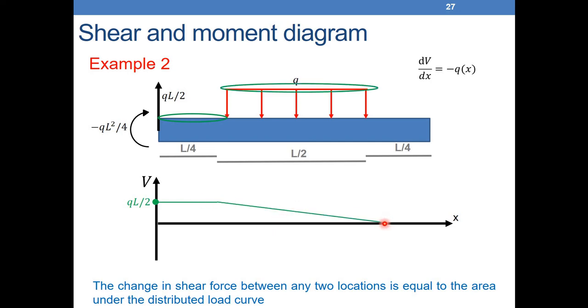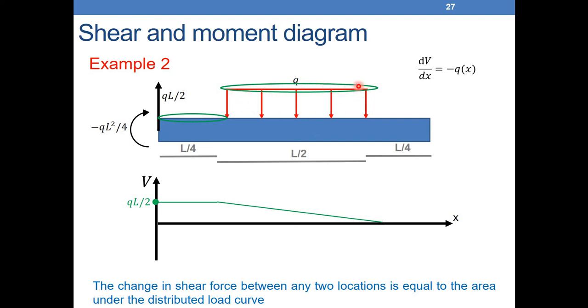Also, let's assume I don't know where it will arrive here. At this point we have QL over 2, and we need to find the point here. It's the same as we did before. The change in shear force between any two locations is equal to the area under the distributed load curve. What's the area under this curve here?